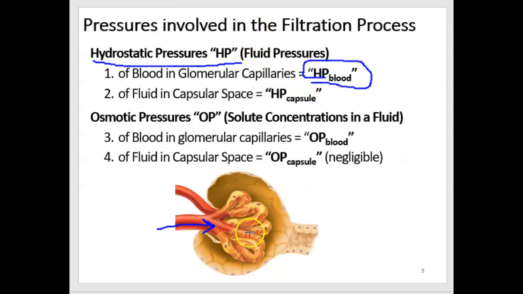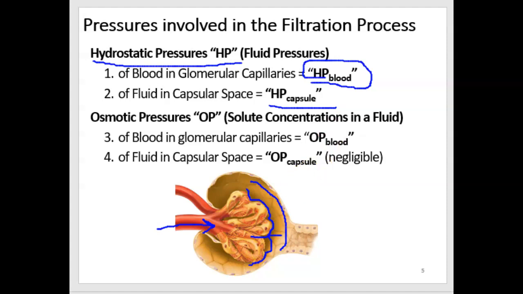And then once fluid leaves the capillaries and enters this capsular space, now we have fluid pressure in the capsular space. So that's called hydrostatic pressure of the capsule fluid. I just usually say HP cap, but whatever.